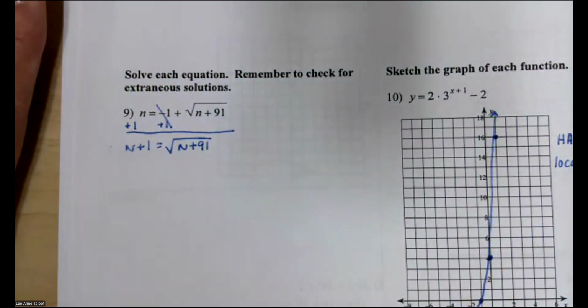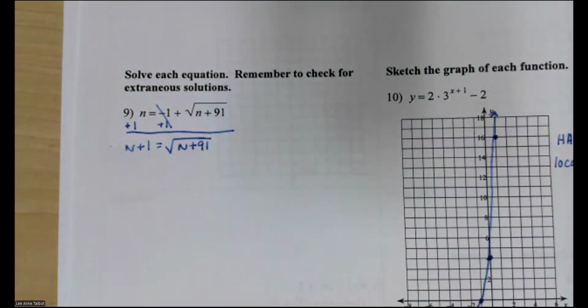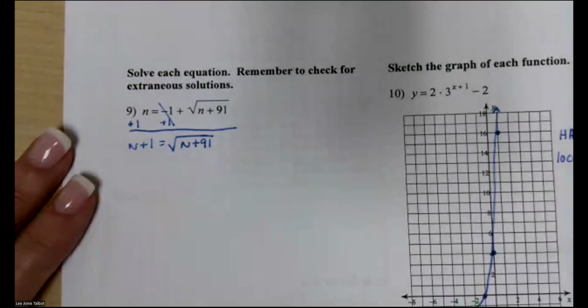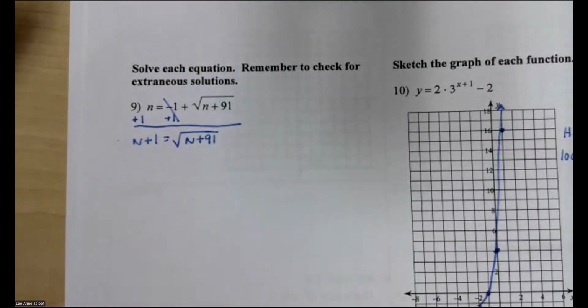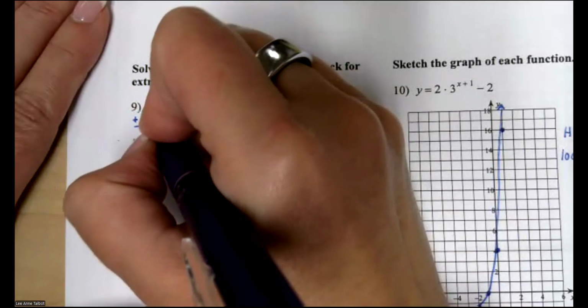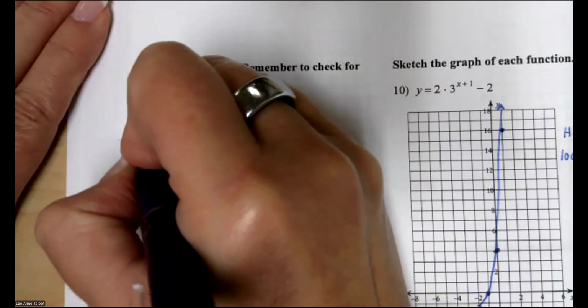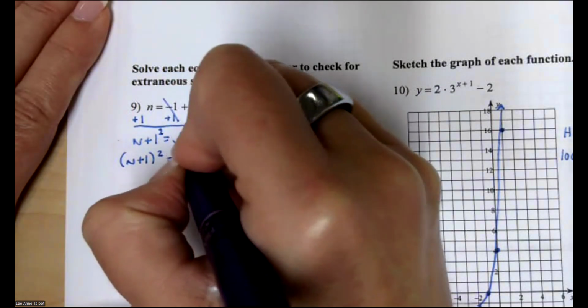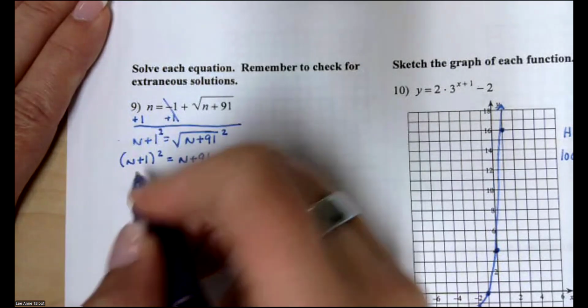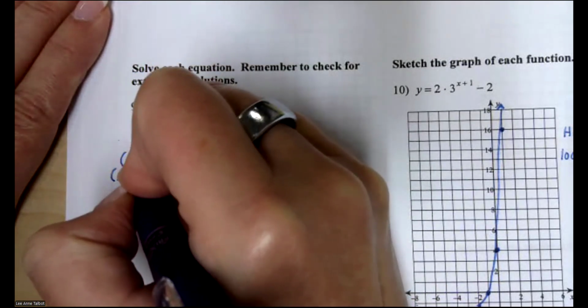Okay, so Violet, you know how you're going to square both sides? You can't do it until the square root is alone. So on these problems, square root has to be alone first. Then you can square both sides. But then don't forget this side has to be a box.